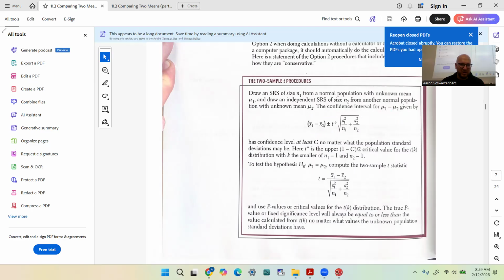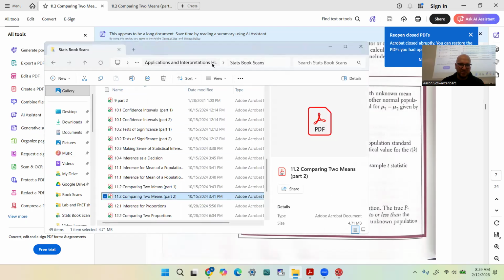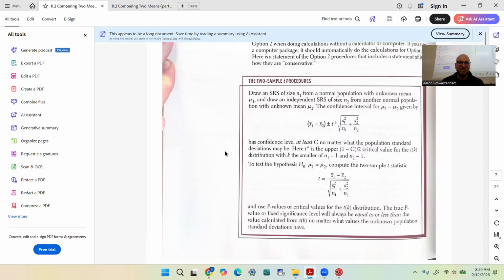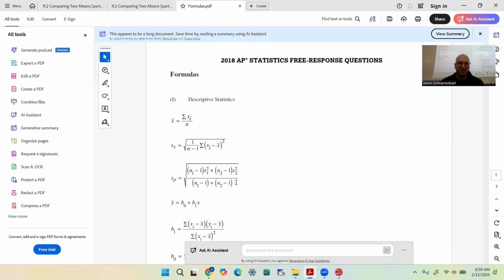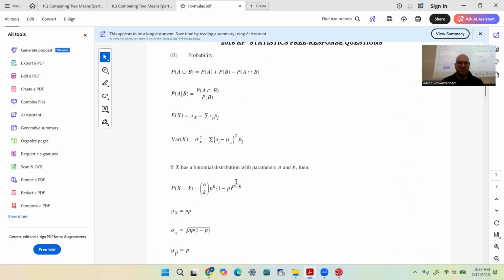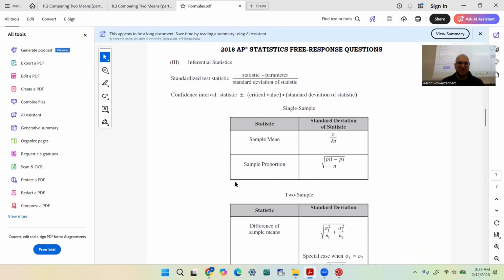Let me go open the formulas. Did I put it in here? Yeah, I did. So T star. This would be 9 degrees of freedom because the smaller n was 10.